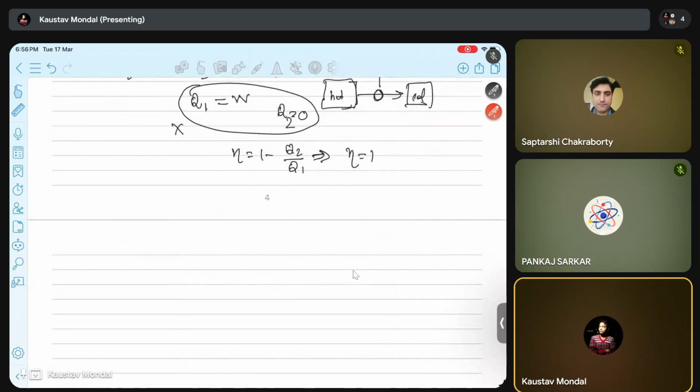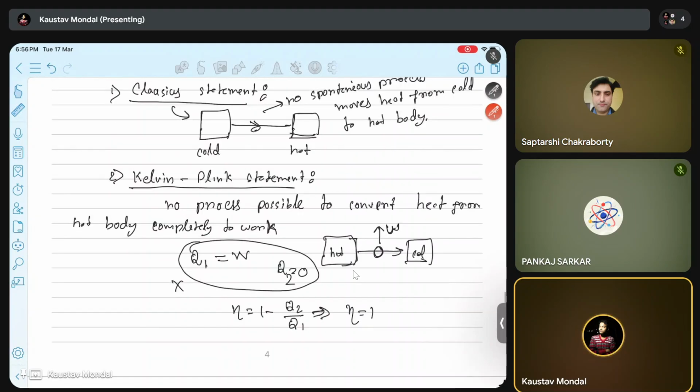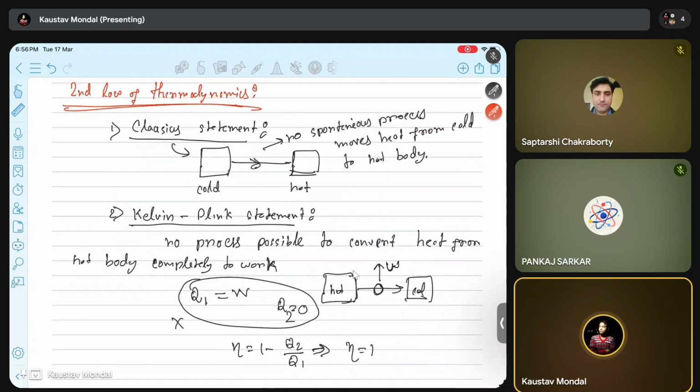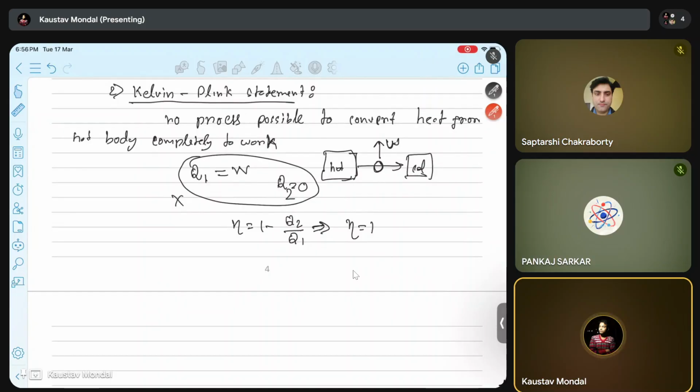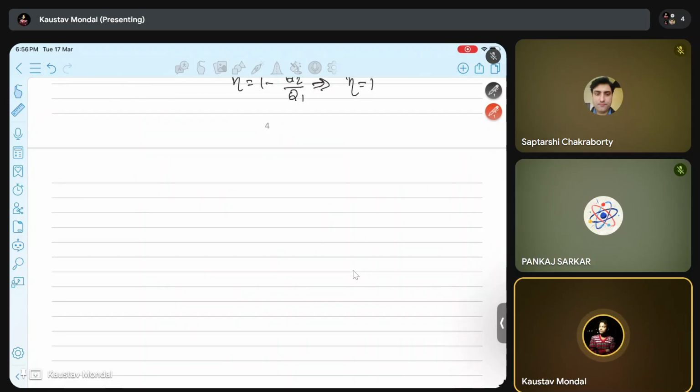Now using these two statements, Clausius and Kelvin-Planck, there are also two theorems. One is known as the Carnot theorem.